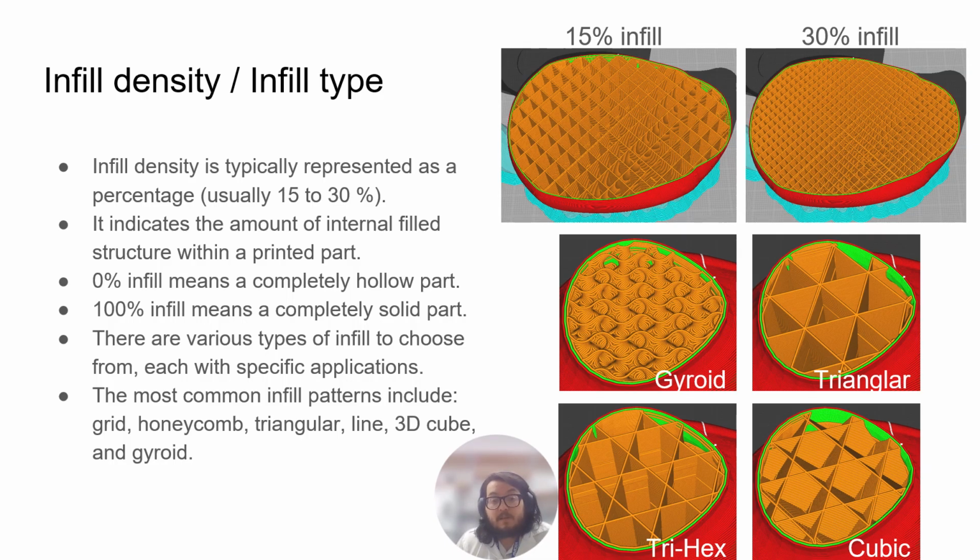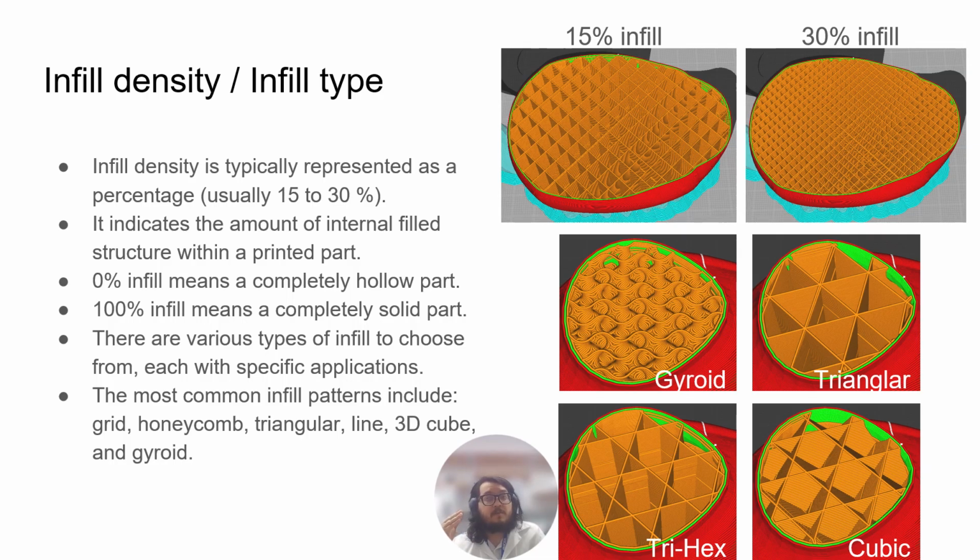Typically, we have values from 15% all the way to 30% infill. If you're going above 30%, you're not gonna have a much stronger part. You have diminishing returns above 30%.